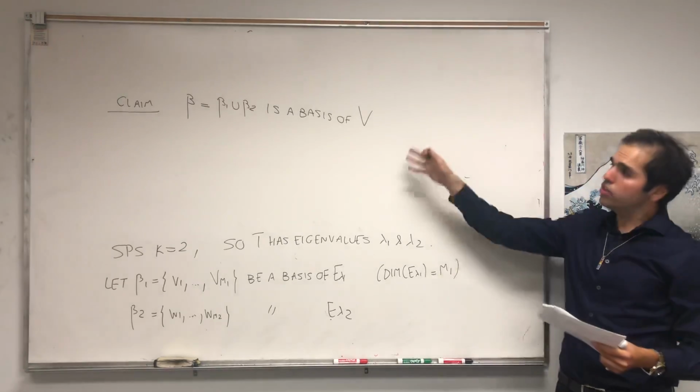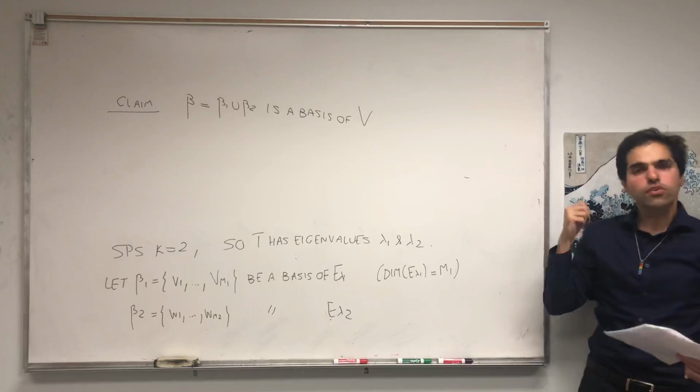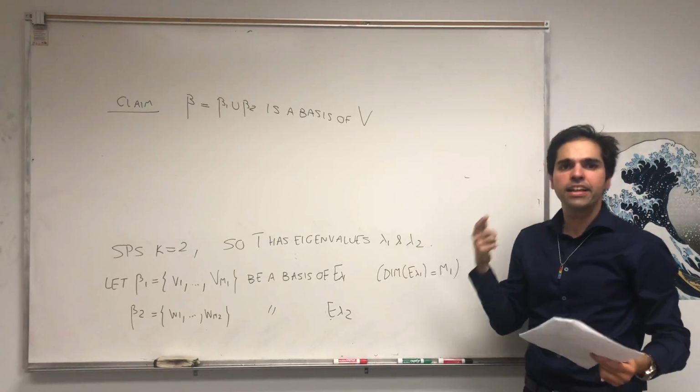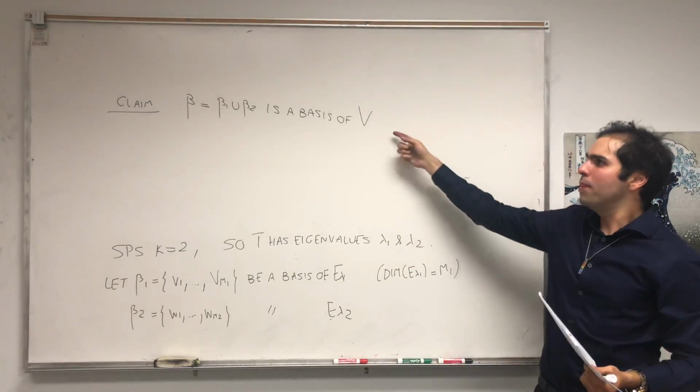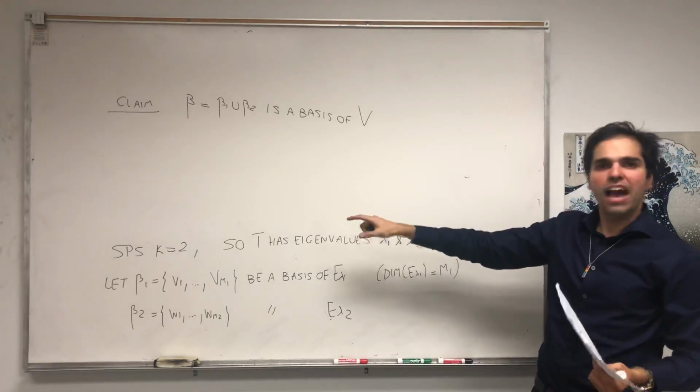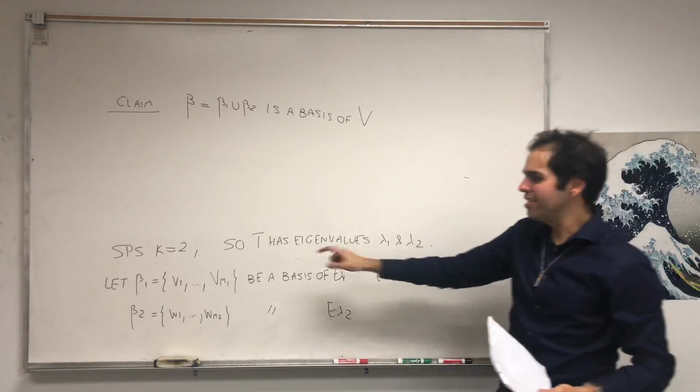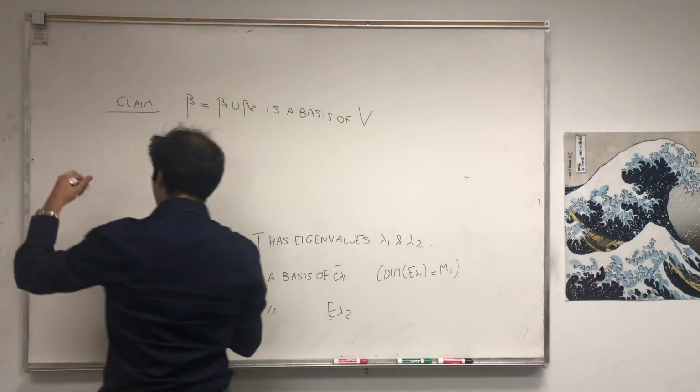How do you show something is a basis? You have to show it's linearly independent and that it spans. But it turns out you don't actually have to show that it spans, just by a counting argument.